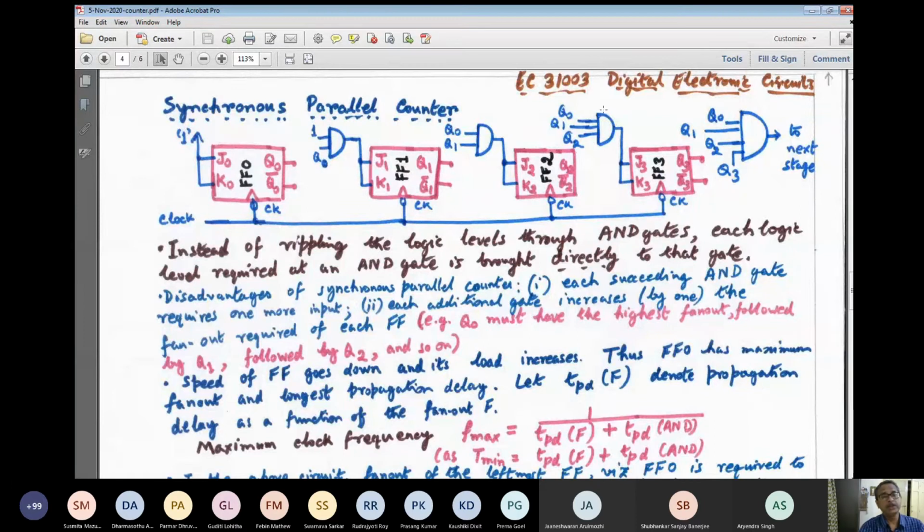But if the propagation delay of an AND gate with fan-in 2 is, suppose, 5 nanosecond, it will not be that the propagation delay of an AND gate with fan-in equal to 4 is just double of that. No, it will not be 5 to 10.